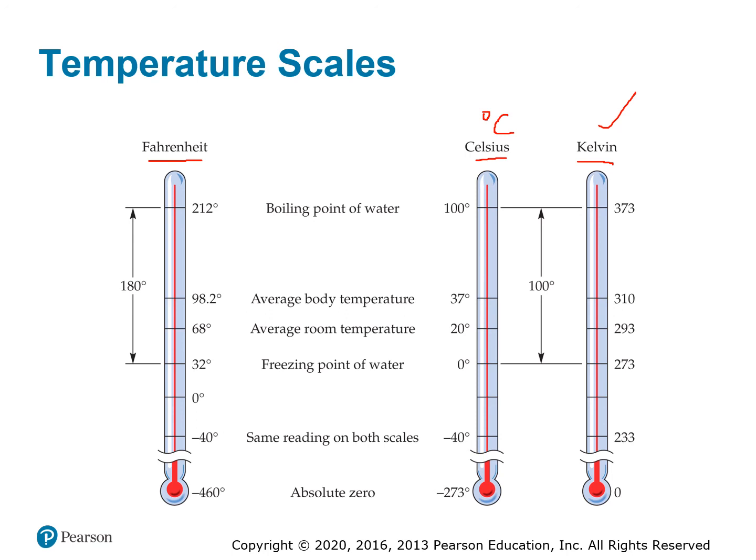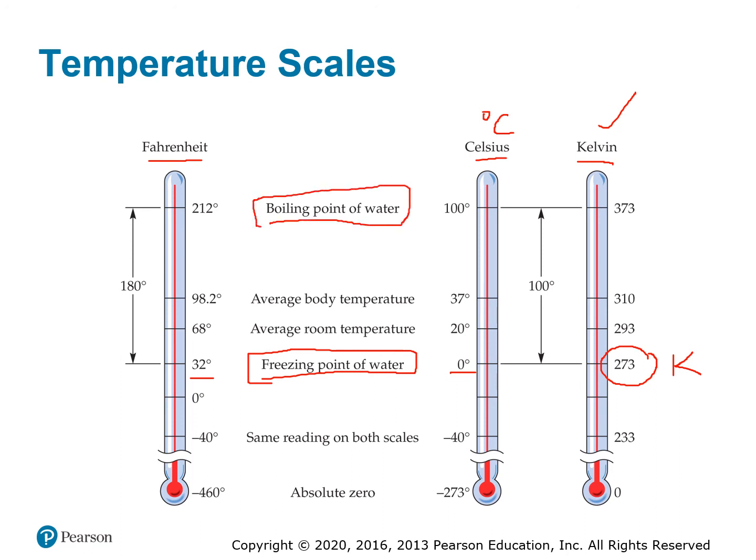So the way I want you to look at it is like this. Let's look at the freezing point of water. We all know that water freezes at 0 degrees Celsius or at 32 Fahrenheit, and that is equivalent to 273 Kelvin. So that's the conversion. And then another point here is the boiling point of water.